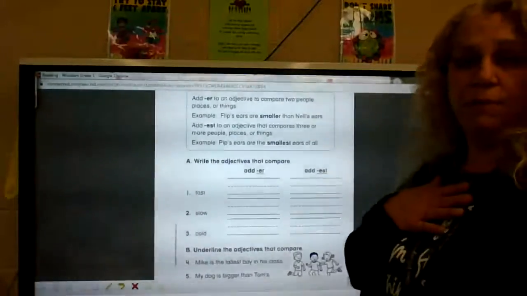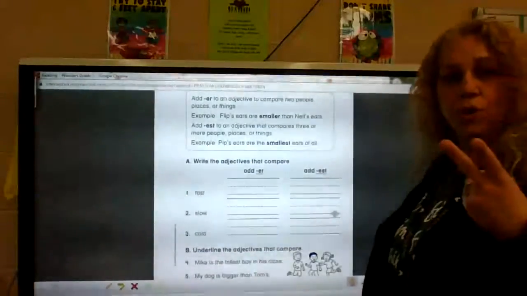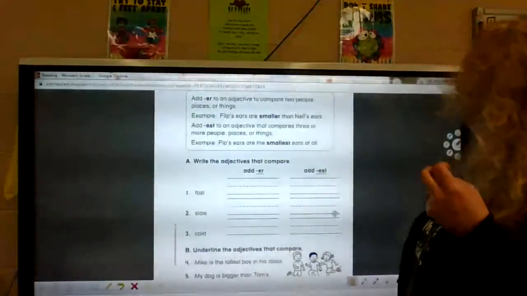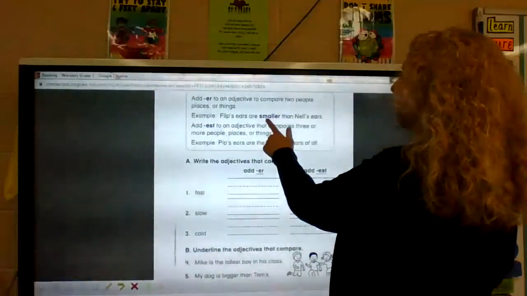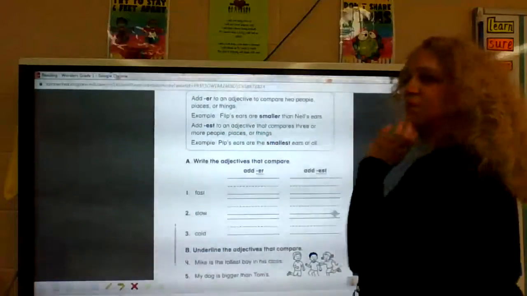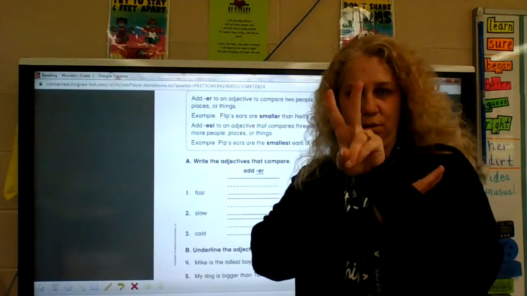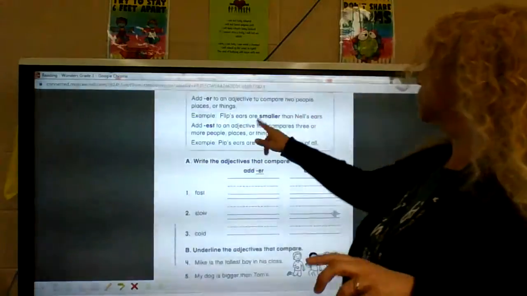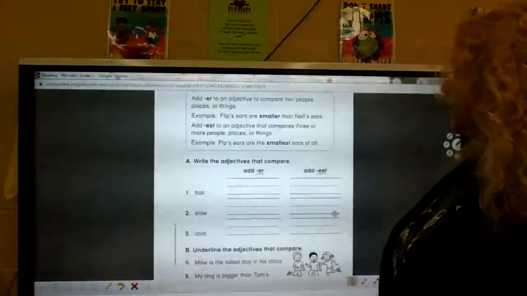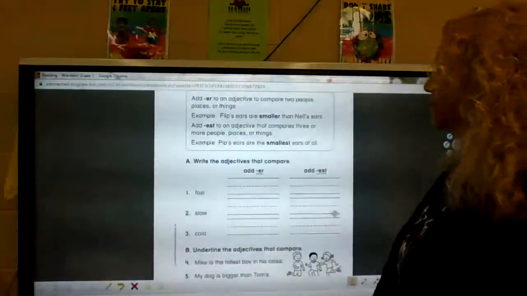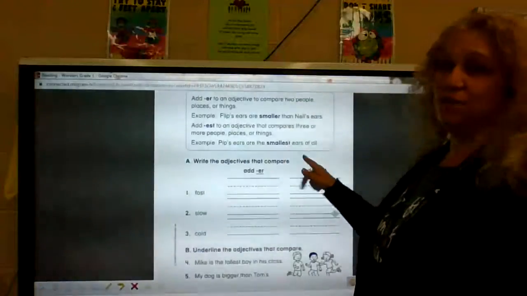Just like we were talking about, it says add ER to an adjective to compare two people, places, or things. They have an example: Flip's ears are smaller than Nell's ears. So they're comparing Flip's and Nell's ears, two ears, two animals. So it's smaller. Add EST to an adjective that compares three or more people, places, or things: Pip's ears are the smallest ears of all.